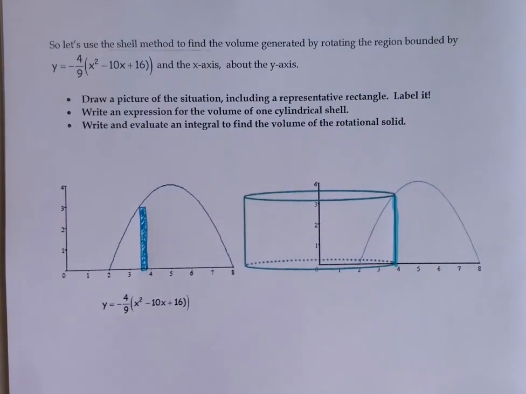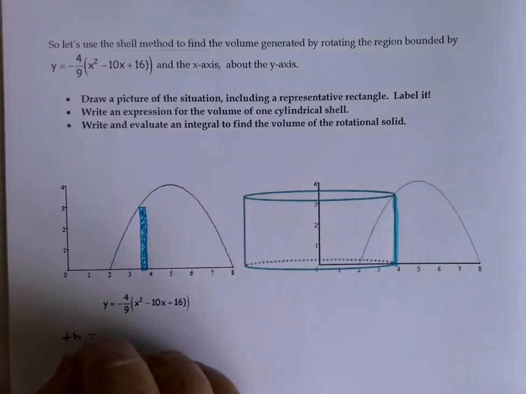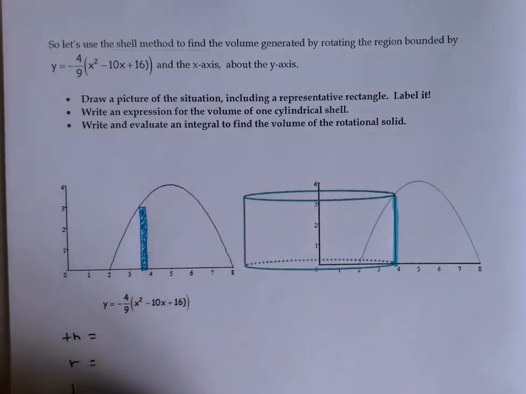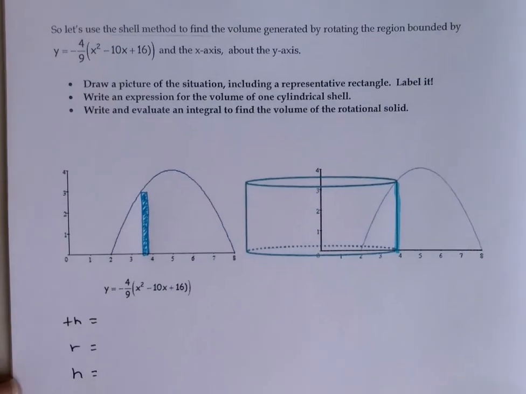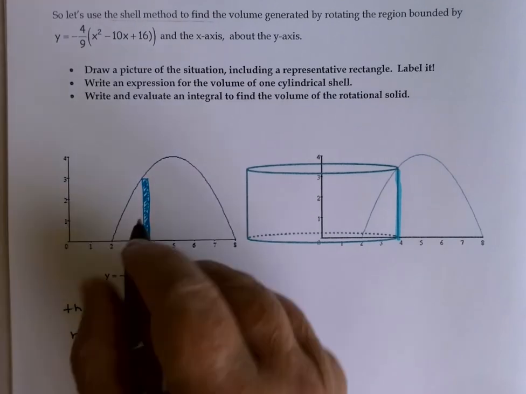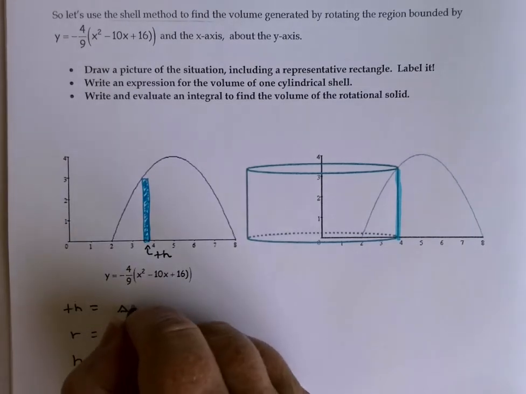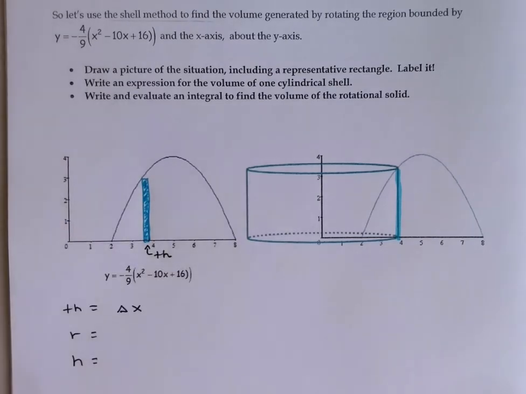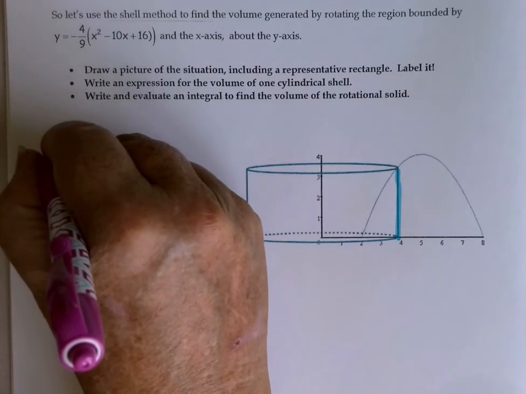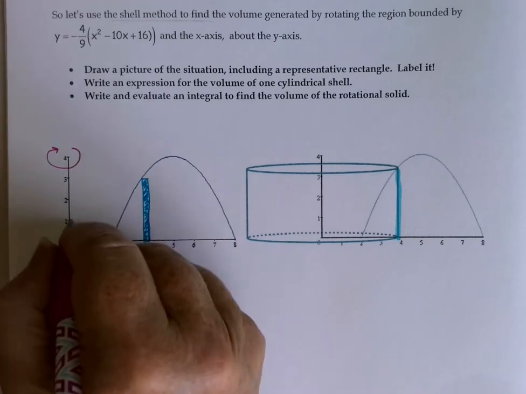All right, we know that we need the thickness, the radius, and the height so that we can figure out the volume of our shell. And the thickness in this case is just going to be that little piece of the x-axis right here. So the thickness is going to be a delta x. The radius, since we're going around the y-axis, we always go from the axis of rotation to the rectangle.